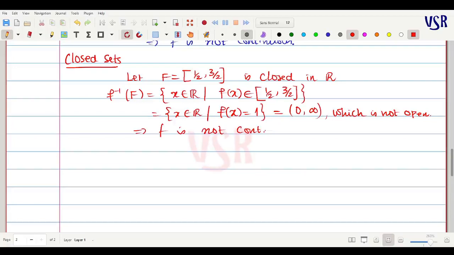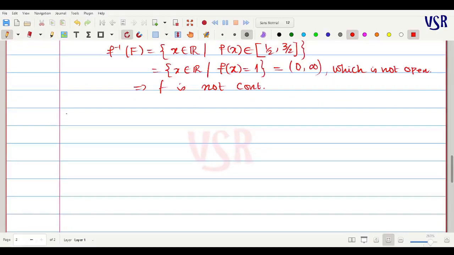Okay, the third one is the closure property, the closure idea. It is very simple. Let A be the open interval 0 comma 1.